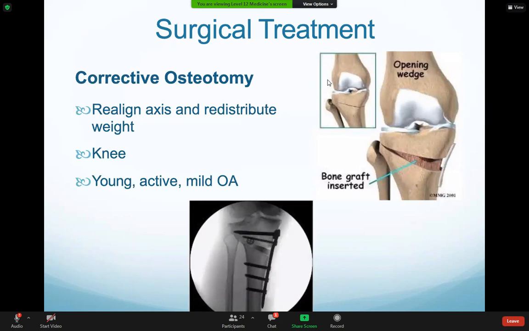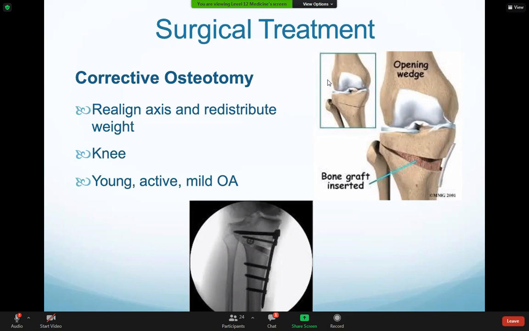Corrective osteotomies, if the joint has a deformity, and we said the most common deformity in the knee is varus, then we cut the bone and realign it to redistribute the forces in the knee. And we realign the axis and redistribution of weight. This is indicated usually in young active patients who have mild osteoarthritis.